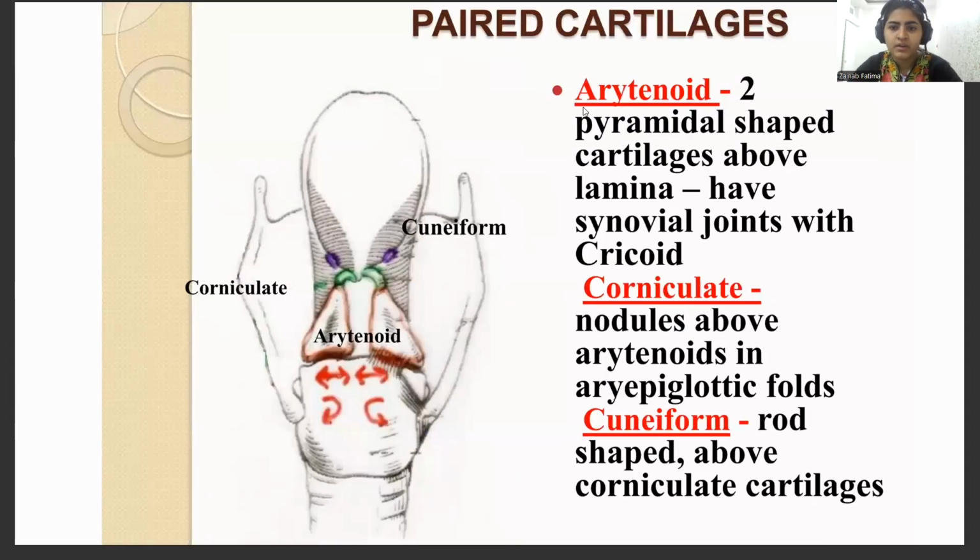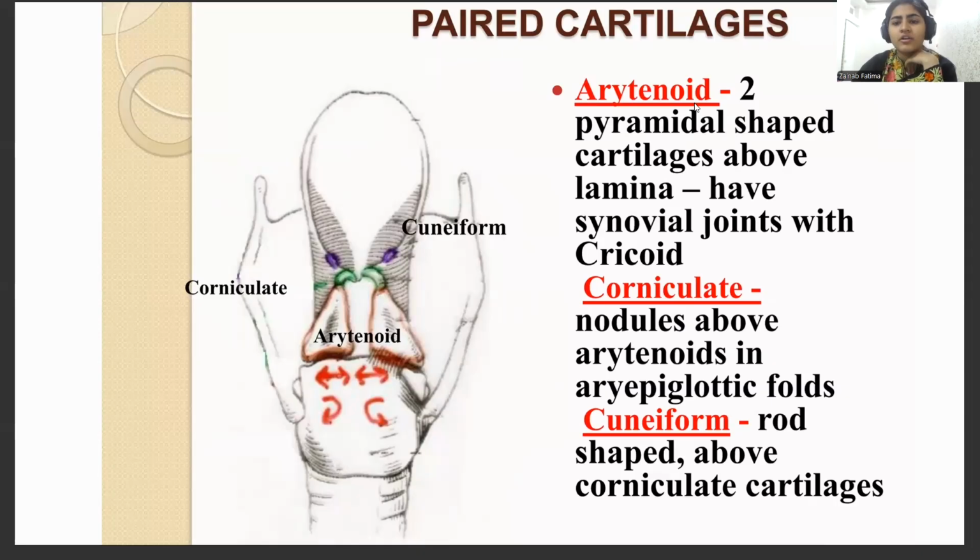We have the arytenoid cartilage, corniculate cartilage, and cuneiform cartilage. This purple color is the cuneiform cartilage. The green color is the corniculate cartilage, and this red is the arytenoid cartilage.